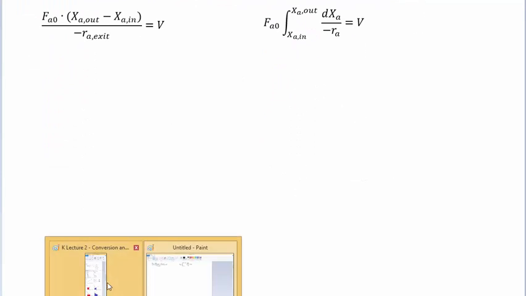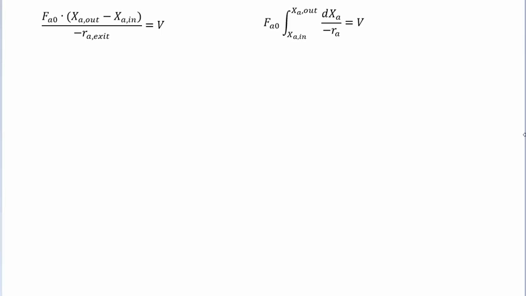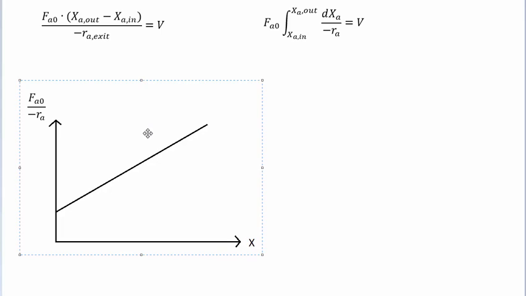So the way the Levenspiel plot works is that on one axis you have F sub A naught over negative r sub A, and on the other axis you have X. Notice the reason we have that is because, again, we're trying to minimize the total volume. Here we have F sub A naught over negative r, that's the y-axis, and over here we also have the integral of dX sub A, which is the x-axis.